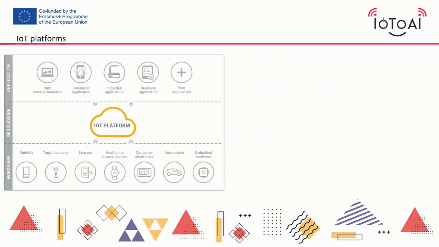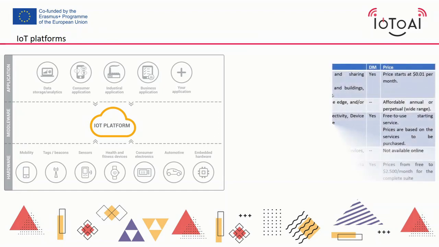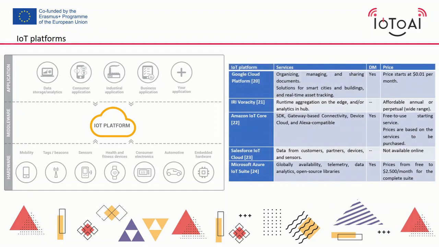Finally, we will review in depth the IoT platforms. There are a lot of IoT platforms in the market. Some of them are free, some of them are paid, like Google Cloud Platform, Arbor ICT, Amazon IoT Core, Salesforce IoT Cloud, or Microsoft Azure IoT Suite.